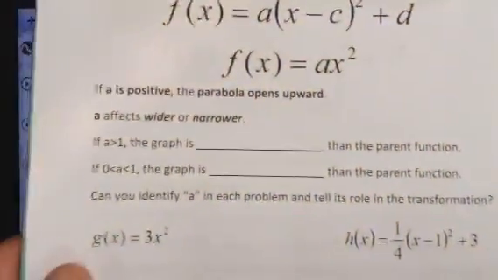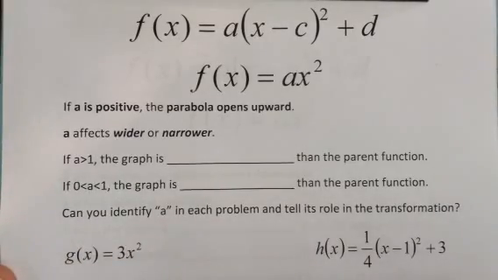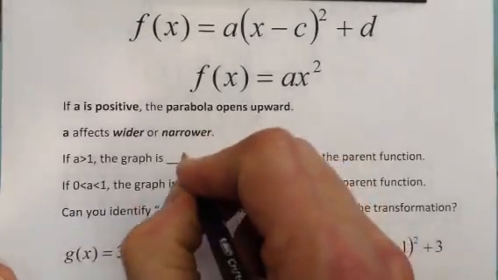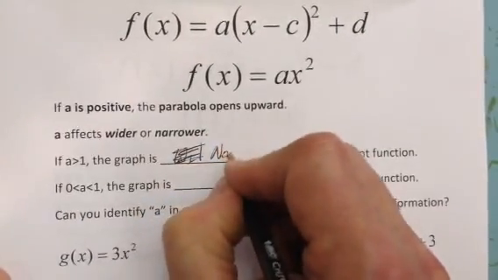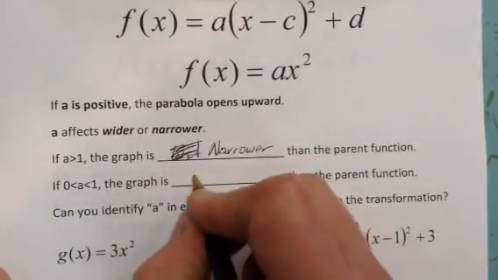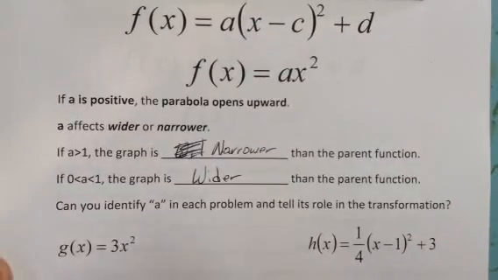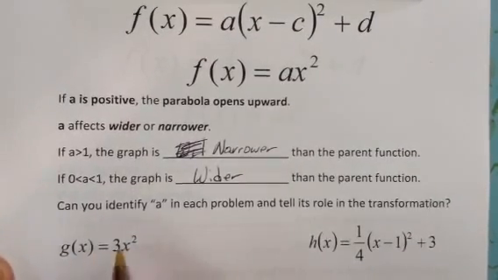So if you want to jot this down, if A is greater than 1, what happened whenever it went bigger than 1? It got narrower. And if it was between 0 and 1, it got wider. So hopefully now, without graphing, we can say, what's the value of A down here?